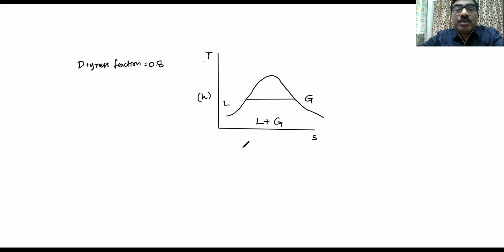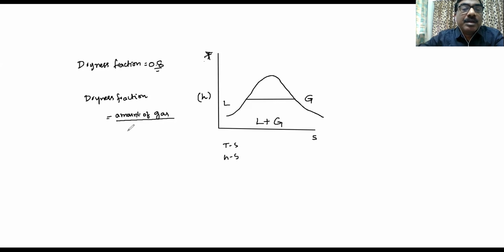There will be two types of diagrams, the TS diagram and the HS diagram. If you take the HS diagram, let us remove this one, HS, enthalpy. Here, X, the dryness fraction, is equal to 0.8. Dryness fraction is defined as the amount of gas divided by the amount of vapor.